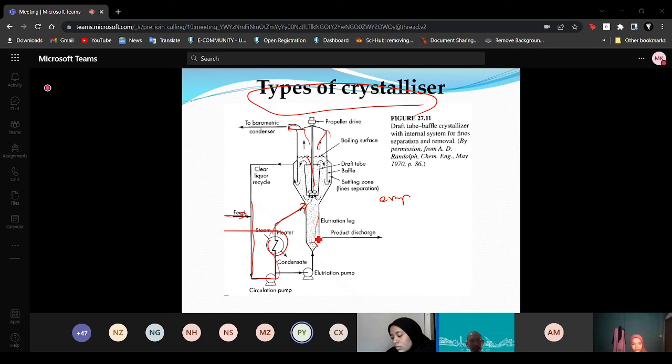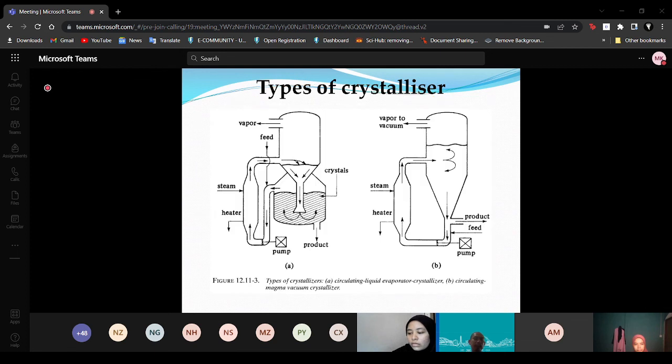When the concentrate reaches equilibrium, they start to take the product. Then they feed again and again, because some of the product is discharged and they must balance it: 10 in, 10 out. And this one has evaporation here, evaporating upward, and it is also concentrated here. There is no cooling. There are crystals, and when enough time has passed they take the product.